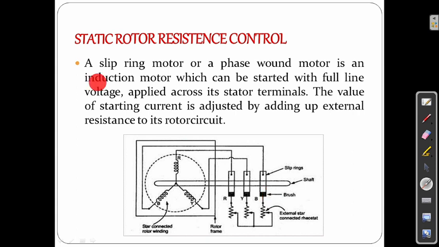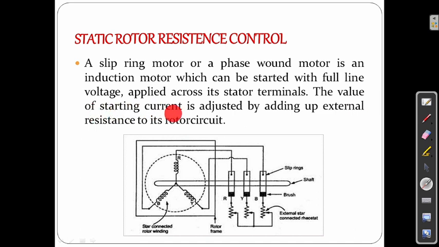The slip ring motor or phase wound motor is an induction motor which can be started with full line voltage applied across its stator terminals.